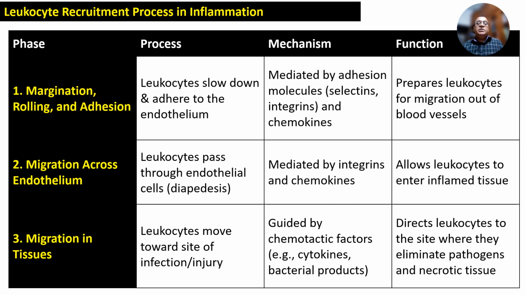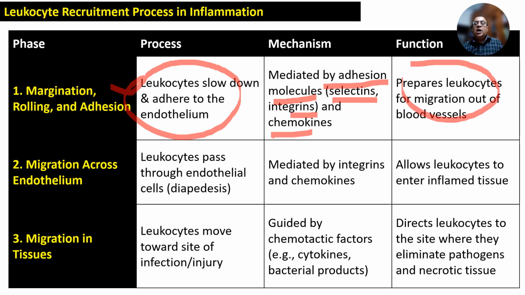First is the margination, rolling and adhesion, in which the leukocyte slows down and adheres to the endothelium, and it is mediated by adhesion molecules such as selectin, integrin, and chemokines, and it prepares the leukocyte for migration out of the blood vessel. First, it marginates, rolls over, and then adheres to the endothelium.